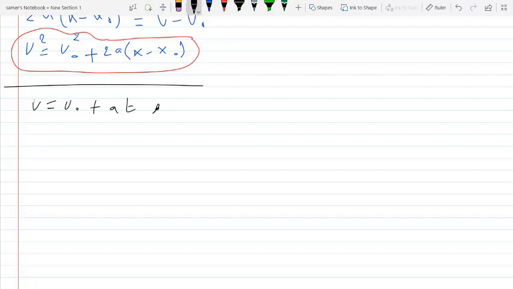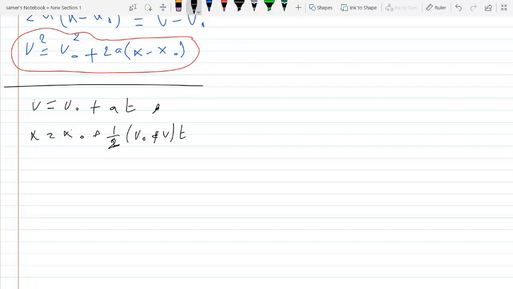The second equation is x equals x0 plus 1/2 times v0 plus v times t.